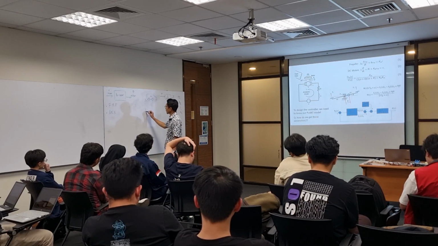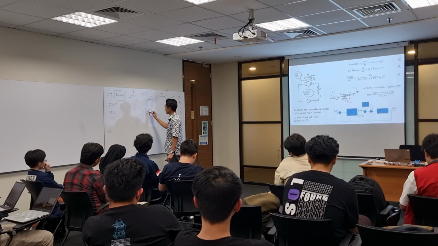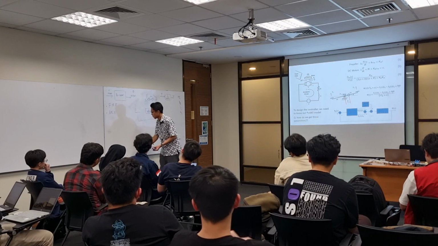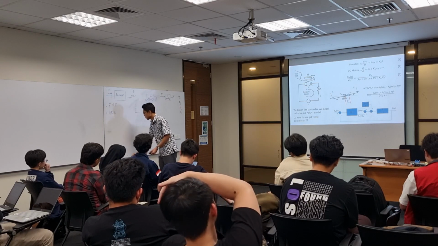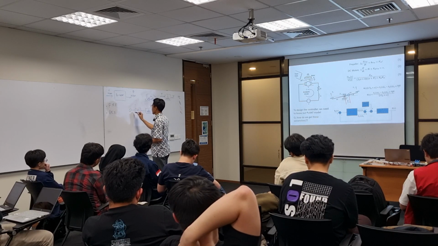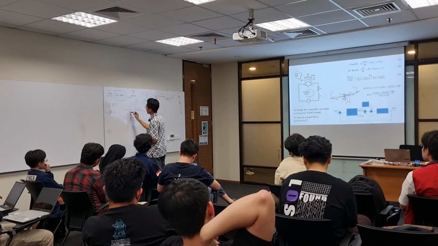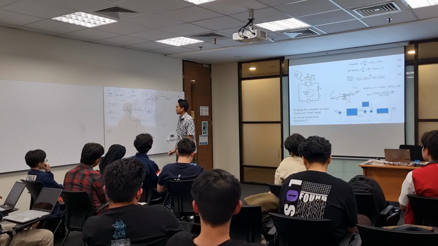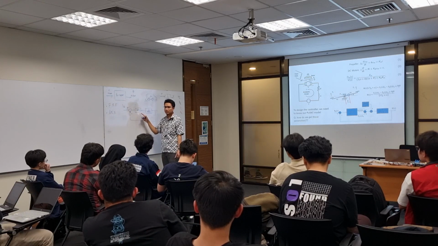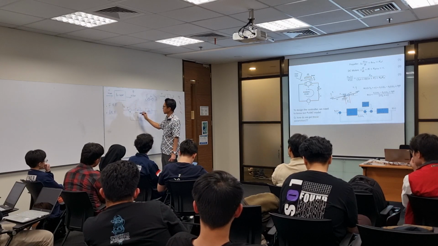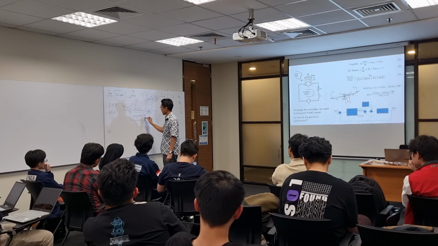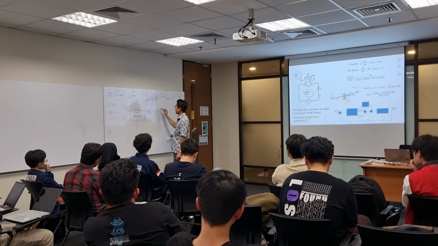If, let's say, we apply proportional and integral control in here, the controller will be K(s) equals Kp plus Ki over s, and that is the velocity.